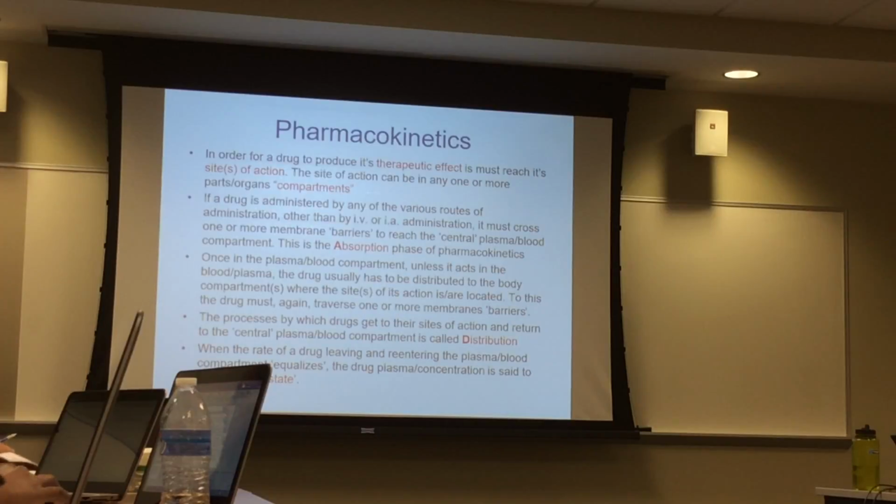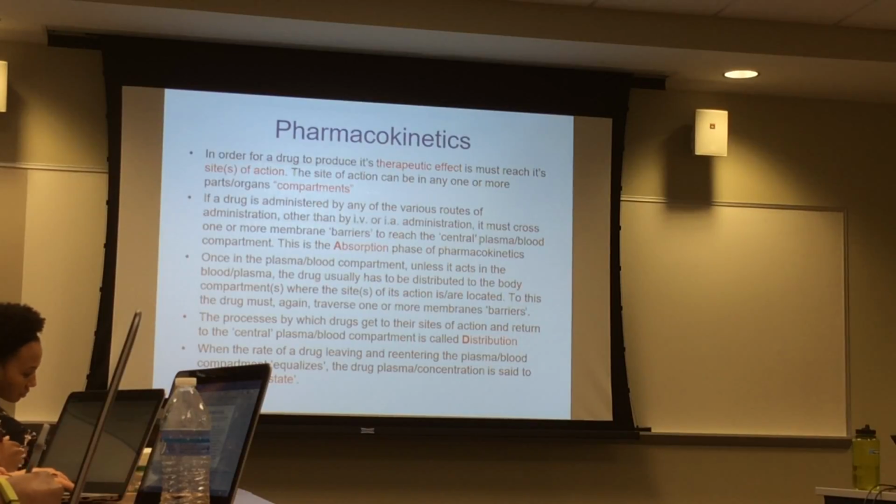Okay, pharmacokinetics. So in general, in order for a drug to produce its action, it has actually to reach the site of action, which is the binding to the receptors. So if you get any drug administered with whatever route of administration, unless it makes it to the intended action site, which is the binding to a receptor or inhibiting of a receptor, in enough concentration to produce its action, it's not going to work.